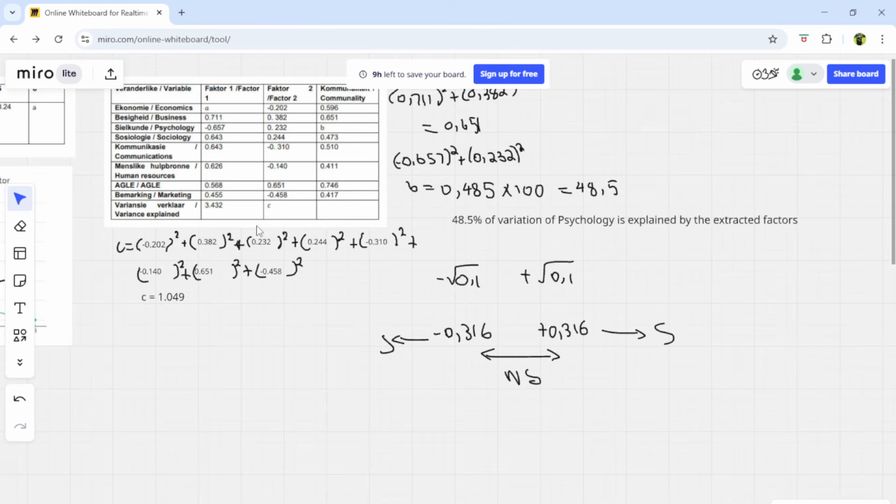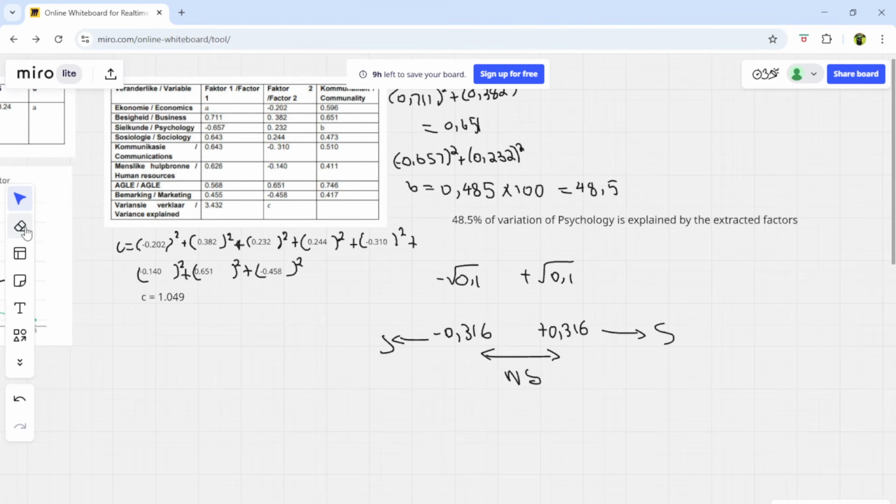If you were to calculate the value of a that way, you'd say a in brackets squared plus this in brackets squared, all the way up to this, is equal to 3.432. Then you need basic algebra to calculate the value of a. However, if you have a lot of numbers, sometimes you can make mistakes, so just look for a simpler way. Remember, communality is just this in brackets squared plus this in brackets squared, which is equal to this, because you have the value of the communality.